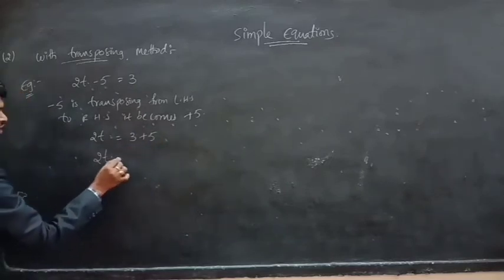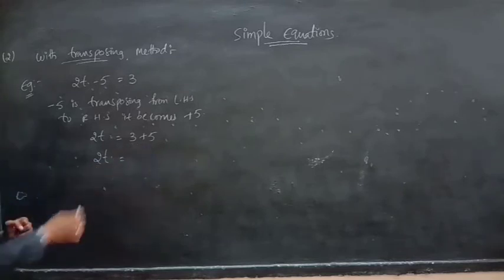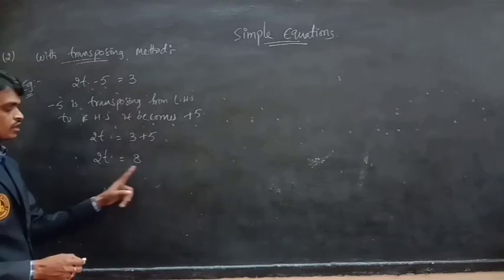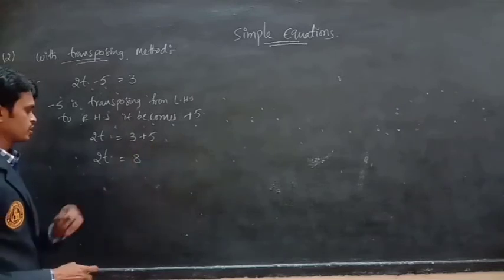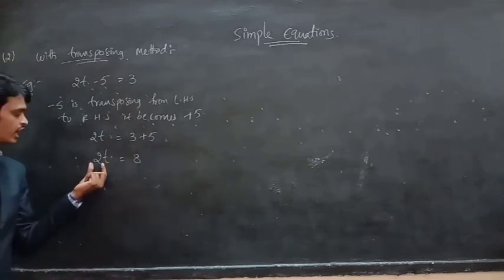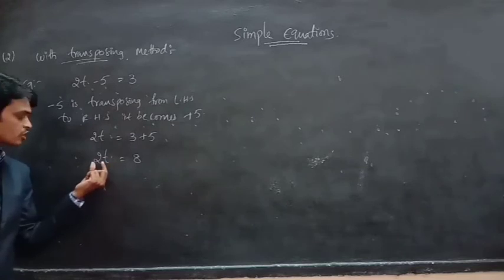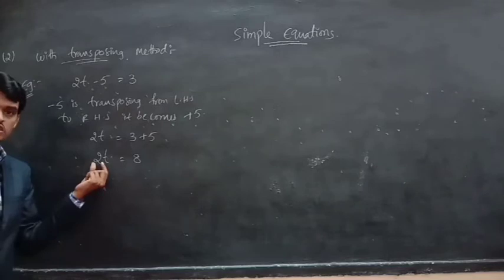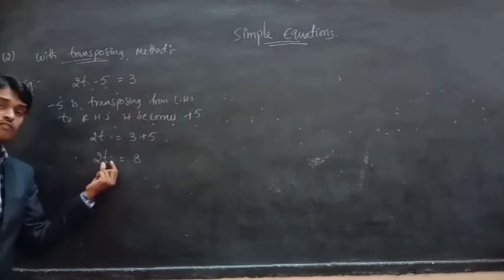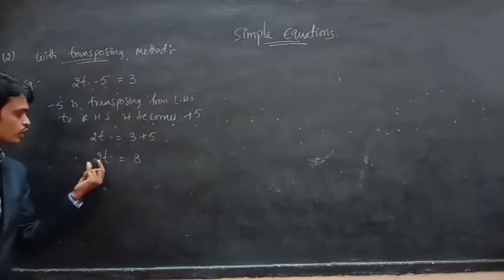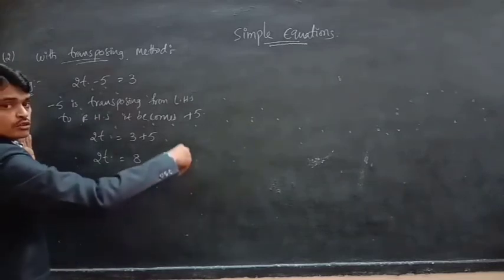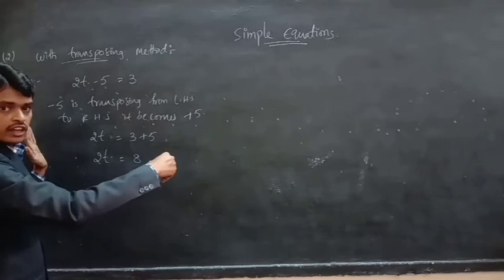Now 2t is equals to 3 plus 5, which is how much? 8. Now we have to transpose the coefficient of t, which is how much? 2. We have to transpose it. So 2 is multiplying with the variable t, on the LHS side. If you are transposing to the RHS side, it will divide or not?